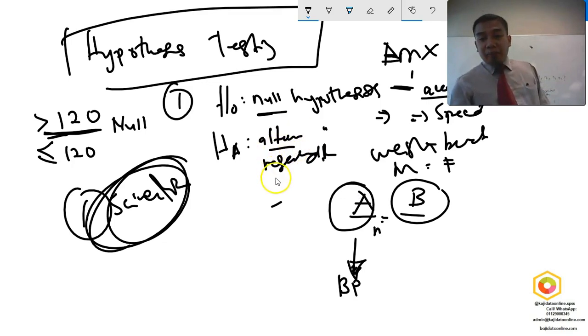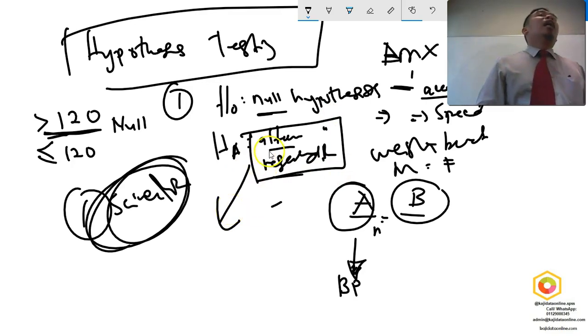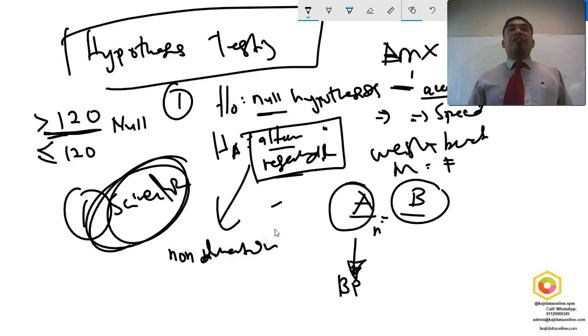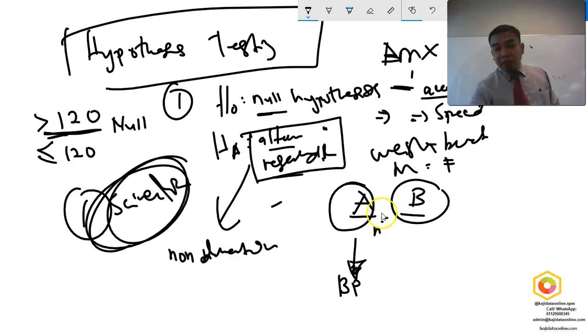Okay, the alternative hypothesis, or research hypothesis, can be divided into two different hypotheses. The first one we call a non-directional hypothesis. Non-directional means no direction, no arah, tidak ada arah. For example, I would say that the A and B groups have similar blood pressure.